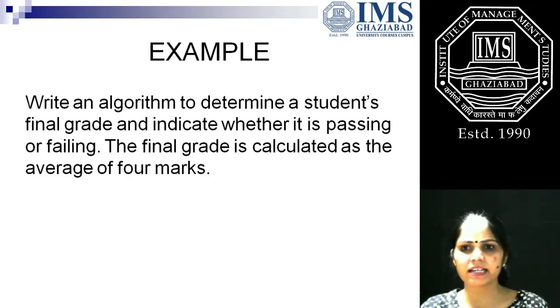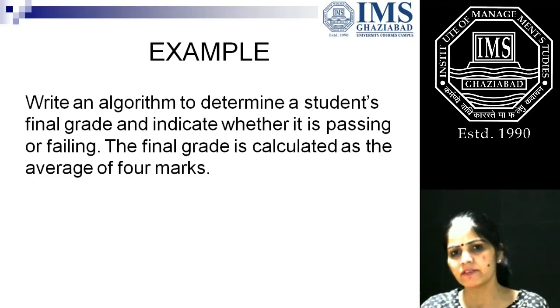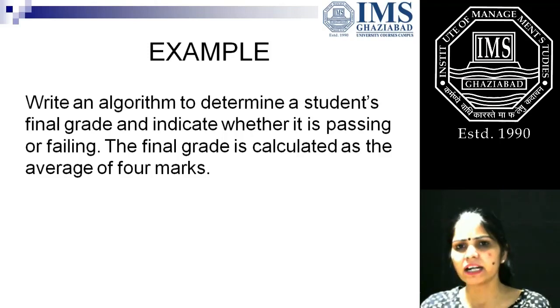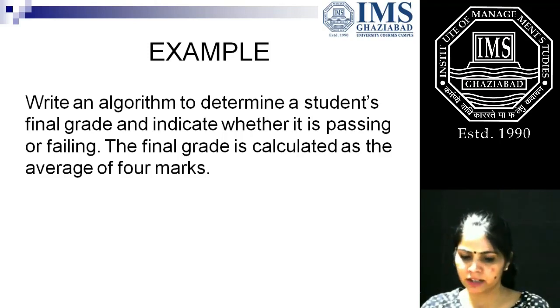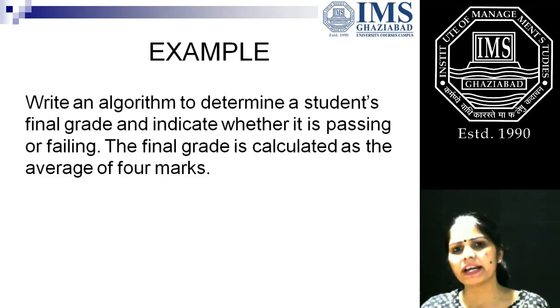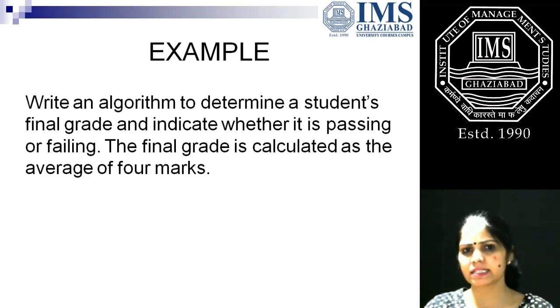The final grade is calculated as the average of 4 marks. That means we should have the marks of the student in 4 subjects. Then we'll find the average, and based on this average grade, we'll find out whether the student has passed or failed the exam.